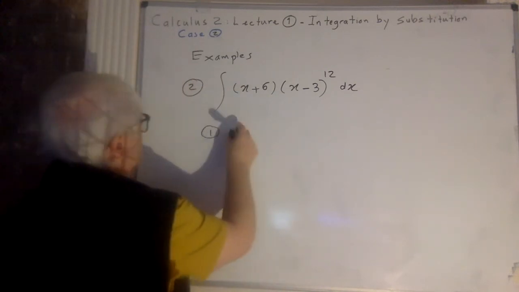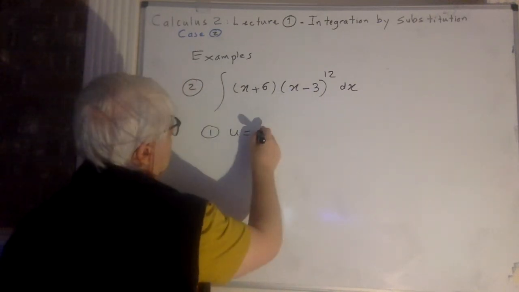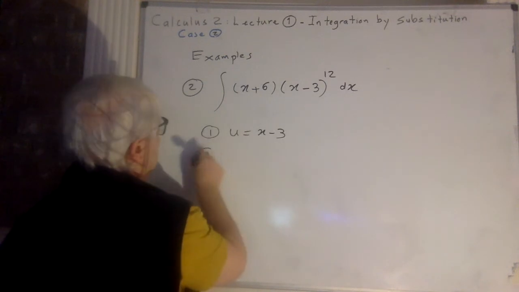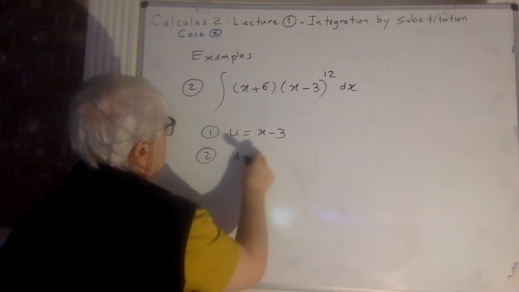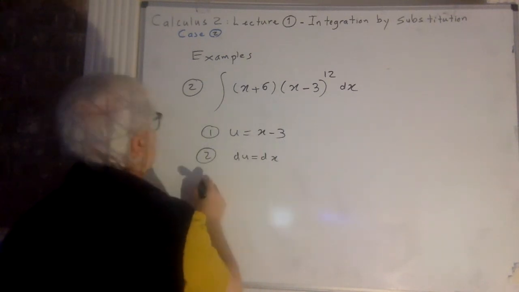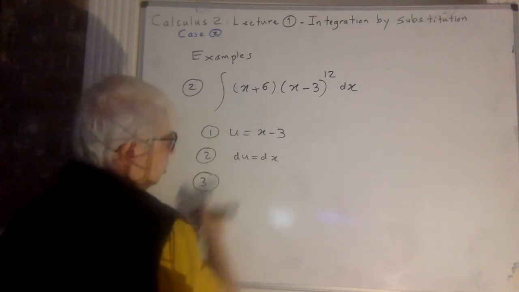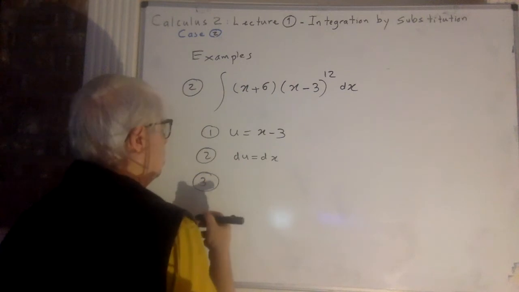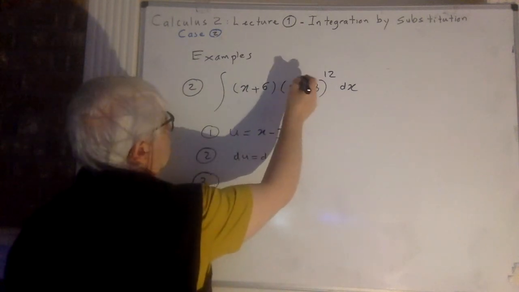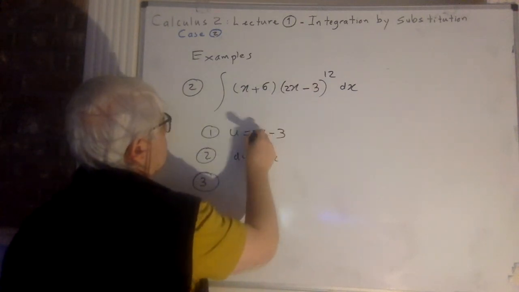So you can recognize that the inside one is x minus 3, u equals x minus 3, du equals dx. It's not always du equals dx, right? So it might have 2x. Well, let's do that. So let's write 2x, it's better.